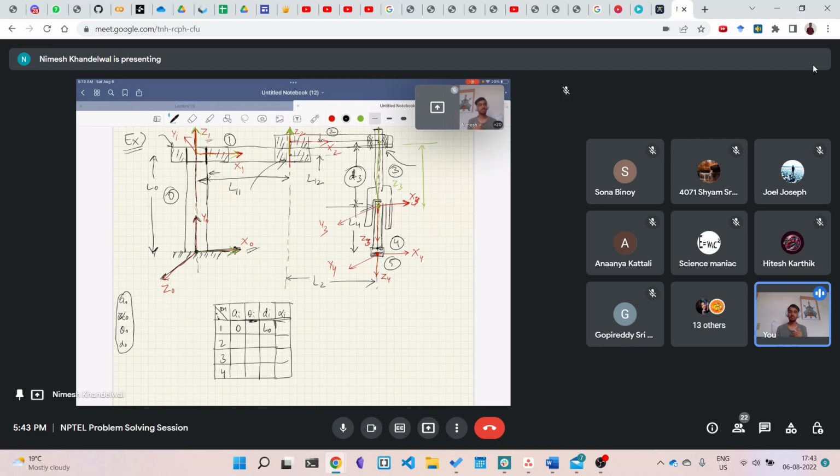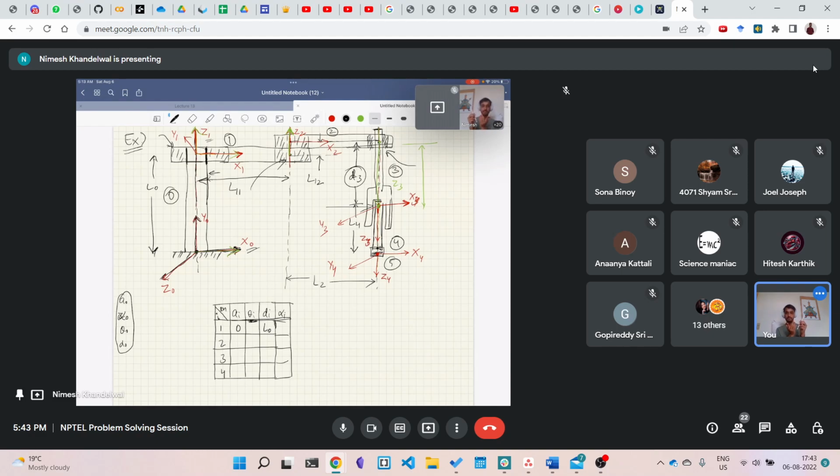If you look from above, this is x0 and this is x1 initially, and when the link starts to move, x1 makes an angle from x0.